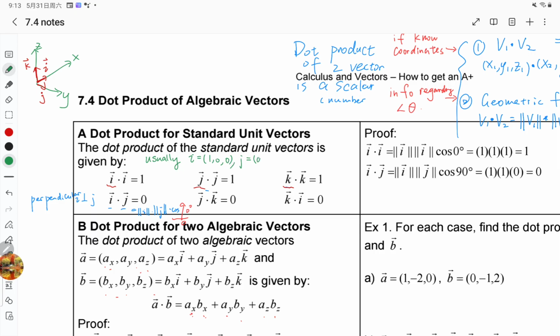And then J is 0 1 0, and then K is 0 0 1, okay.